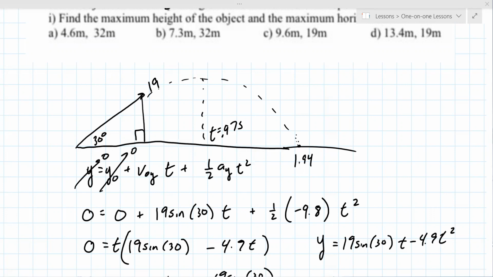There we go. So y equals 19 sine 30 times 0.97 plus 1/2 negative 9.8. That should be 1.94 squared.